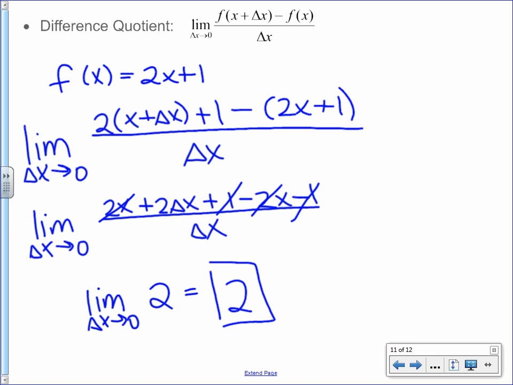Where you need to be careful is where we have maybe a square or a cube thrown in there. Because you're going to have that binomial being squared or cubed or whatever it is. Please be very careful with your algebra. One of the hardest parts about calculus is the algebra, so please keep everything organized.